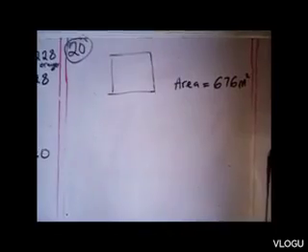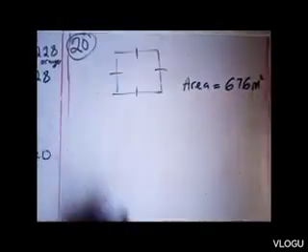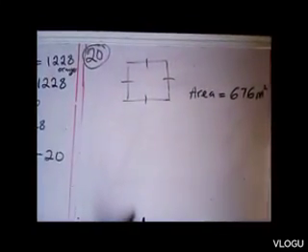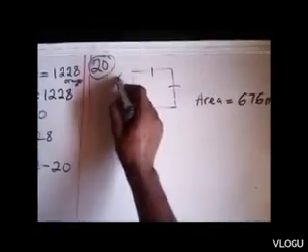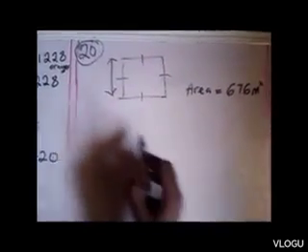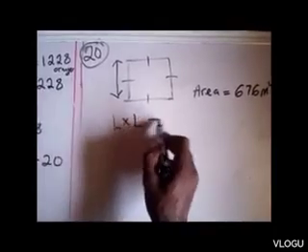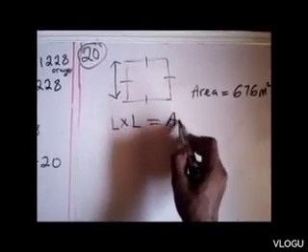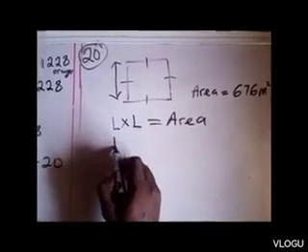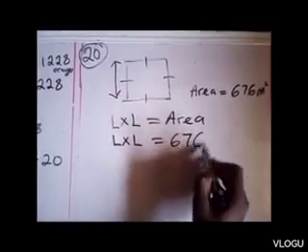So let's move on. This is a square and that is saying all the sides are equal. Now the question is this: how long is the side? Once I can get one of the sides, they are all equal. Don't forget the area of a square is L times L. Length times length equals area, and length multiplied by length equals 676.